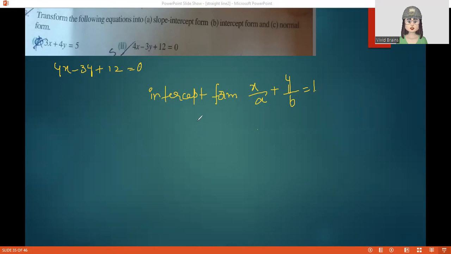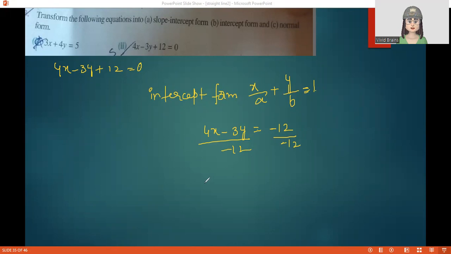Now we got 4x minus 3y is equal to 12. So in intercept form, 4x minus 3y is equal to minus 12. Always the RHS should be 1, so I am dividing the whole equation by minus 12, because I have to get positive 1 on the right hand side.